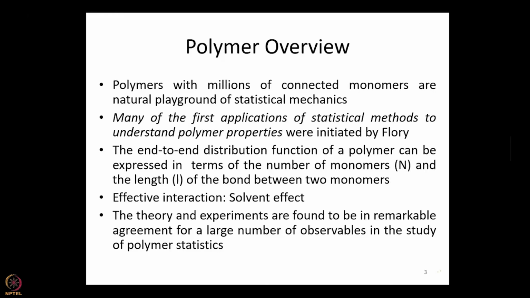Since a polymer is a large system with a large number of monomers, it's a natural playground of statistical mechanics. One of the important properties of a polymer is the end-to-end distribution function, which is expressed in terms of the number of monomers, n, and the distance between the monomers. We'll talk of effective interaction, solvent effect, and several other remarkable properties and some observations that we have got.